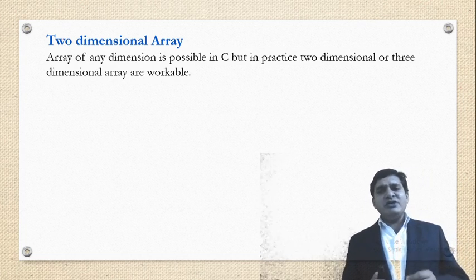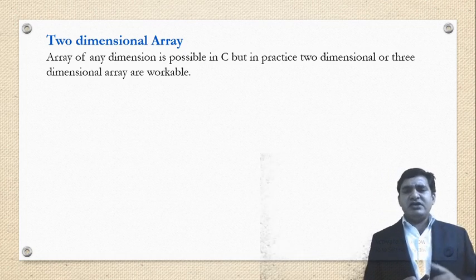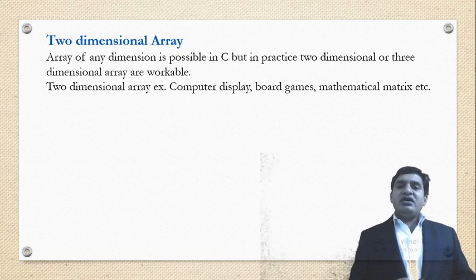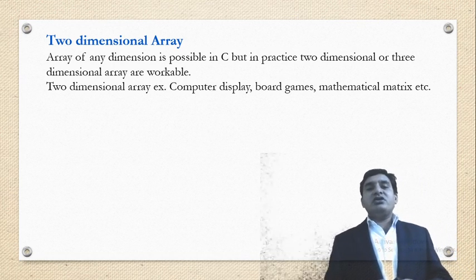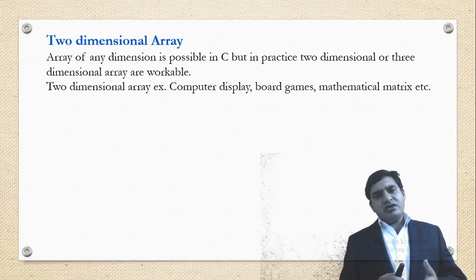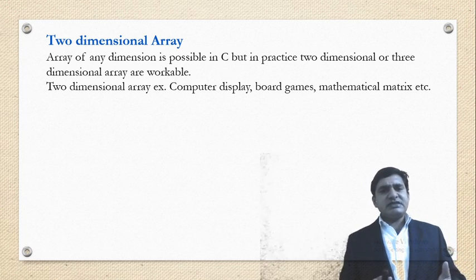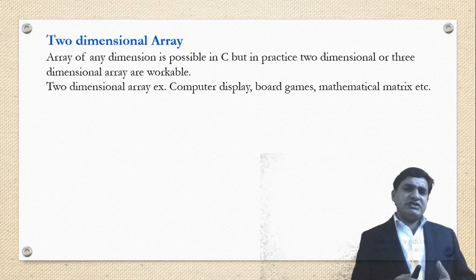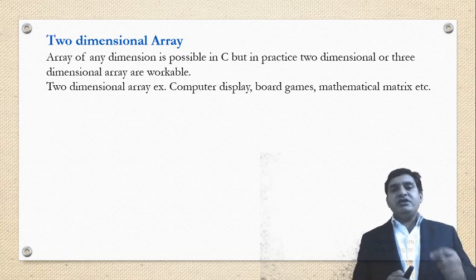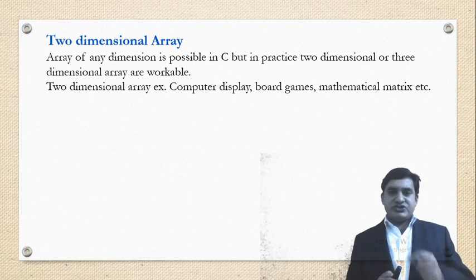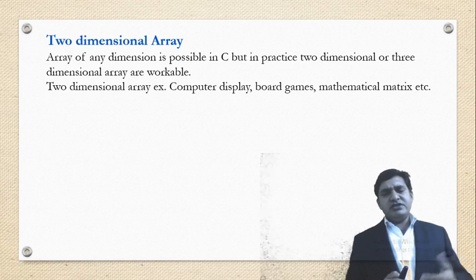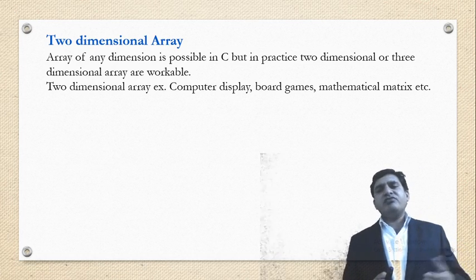Generally we use two-dimensional and three-dimensional arrays. A two-dimensional array example is a computer display, which consists of x and y. It consists of pixels, and each pixel has a different location, which can be determined by the position of x and y.